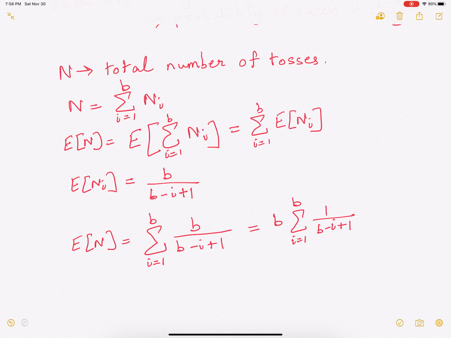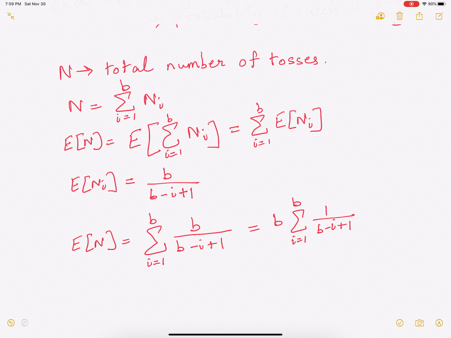Now when i takes the value of 1, this fraction 1 by b minus i plus 1 will take the value of 1 by b. When i takes the value of b, it is going to take the value 1 by b minus b plus 1, which is going to be 1 by 1.